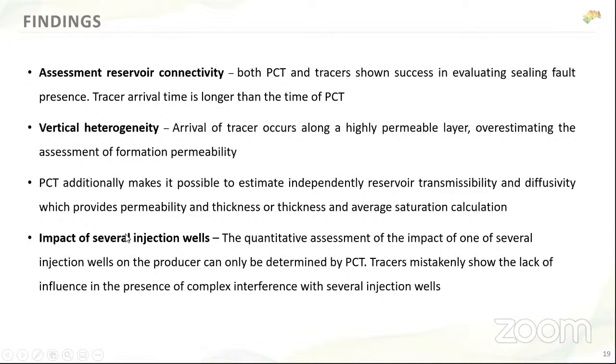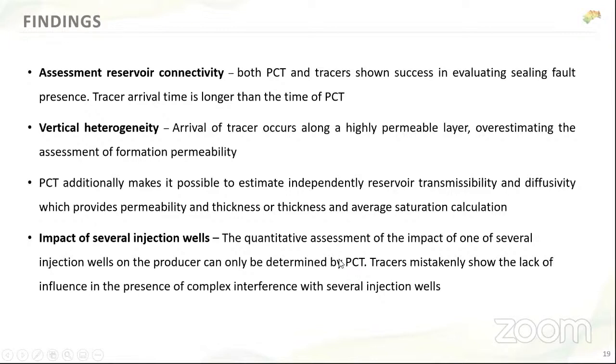And if we have several injection wells, then the tracer will not demonstrate the connectivity with the injector that is farther from the producer, due to the pressure impact of the injection well that is closer to the producer. That will not be a problem for pressure interference.